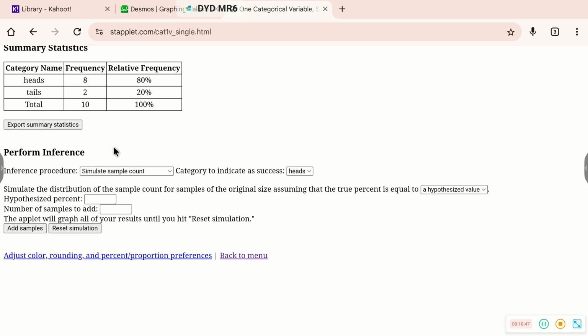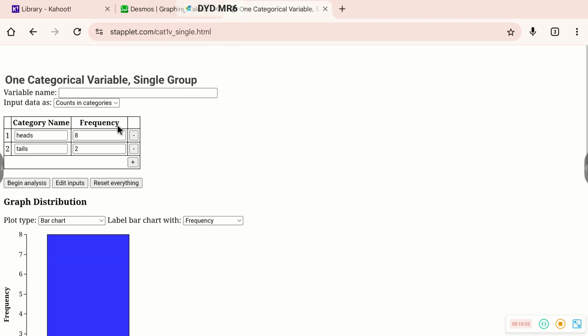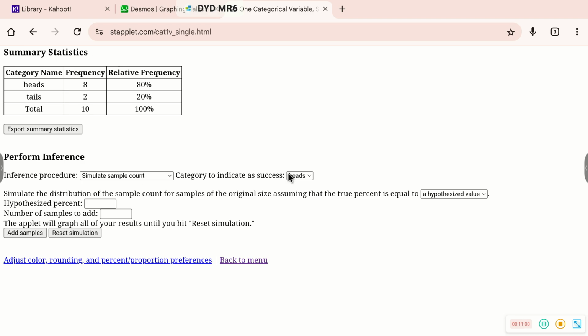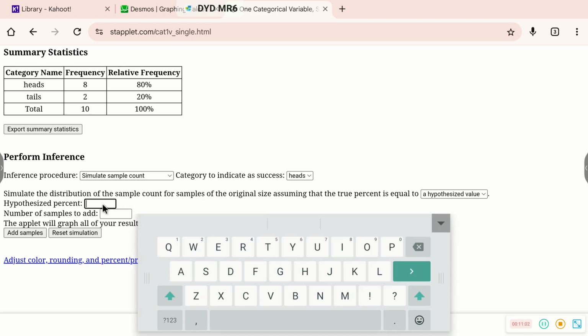And let's say this coin is not rigged, so this is a fair coin. What we're going to do is simulate a sample count, success is heads, and we're going to hypothesize that it's 50-50.